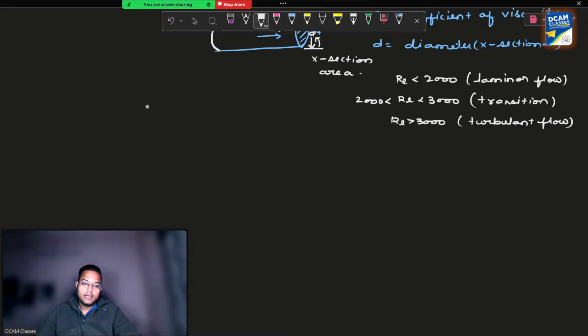One is the equation of continuity, and the second one is Bernoulli's theorem or Bernoulli's principle.